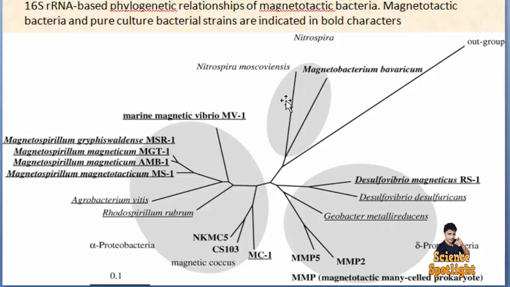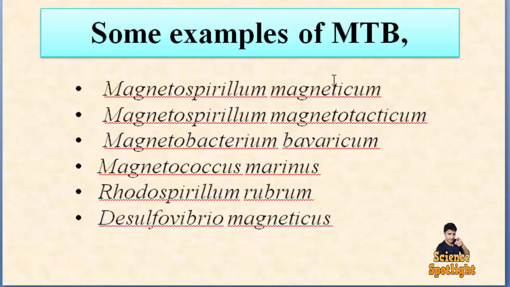This is how the phylogenetic tree looks. These are some examples maintained in pure culture, Magnetospirillum magneticum, Magnetospirillum magnetotacticum, and so on. And these are some of the examples as I mentioned earlier.